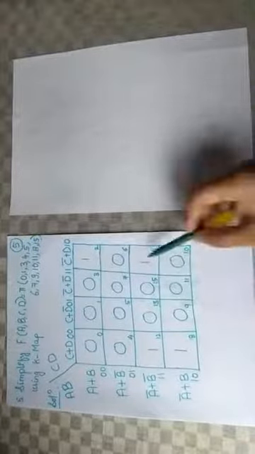You have 0. So cell numbering with 0, place 0, then 1, then 3, then 4, you have 5, 6, 7, 9, 10, 11, 13 and 15. So all the remaining blocks should be placed with 1 here.